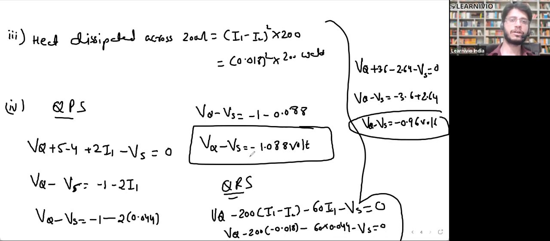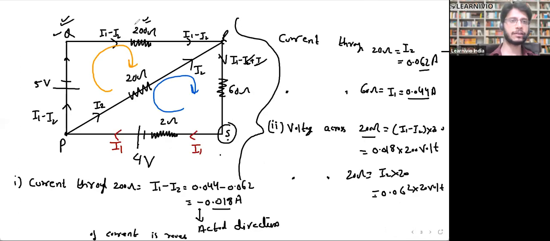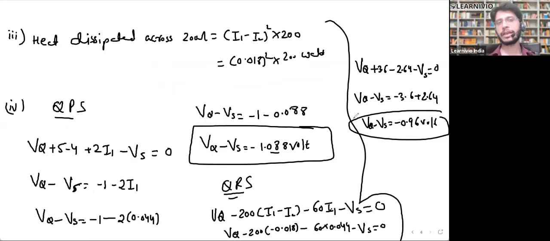See, this small difference is due to the fact that while subtracting these two terms, I've taken some approximations. This was not exactly 0.044. This was not exactly 0.062. So while adding and subtracting them, I'm taking some approximations. Due to those approximations, the answers are different. A very, very small difference here. If I had not taken those approximations, if I had calculated them in fractions only, then you would be getting the exactly same result.